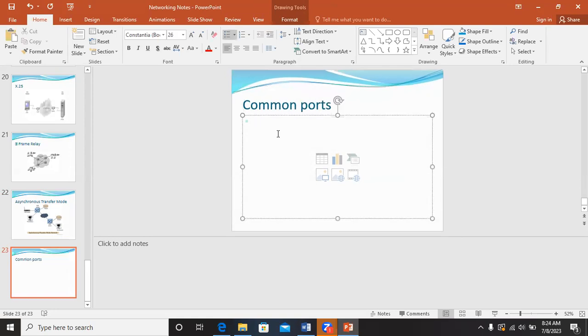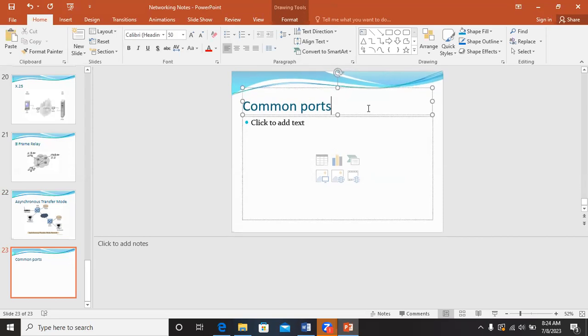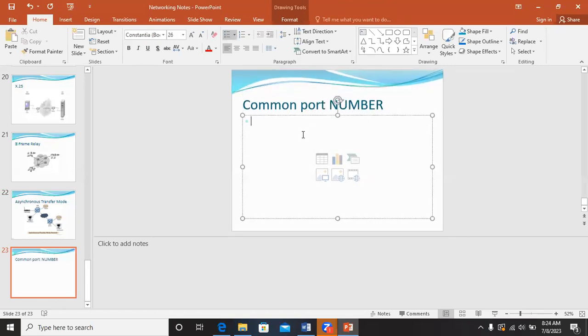So you have many of these protocols, and they have common port numbers. So you have HTTP, right? That's for the internet, for browsing. It uses port 80, right?